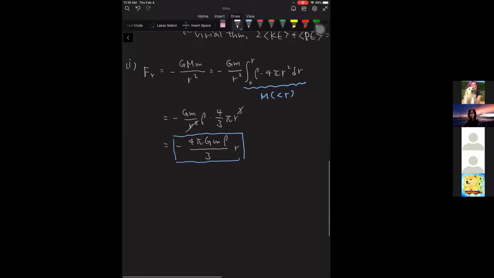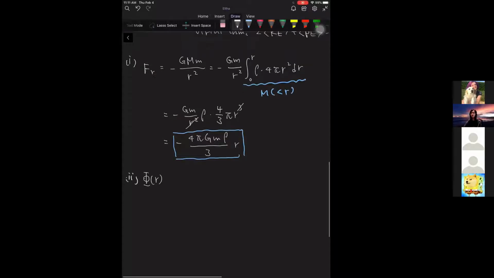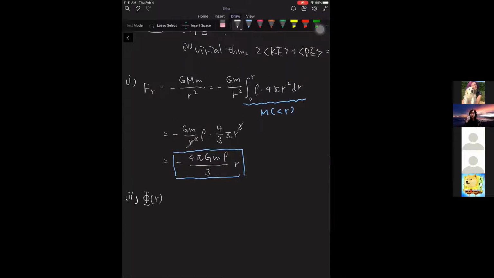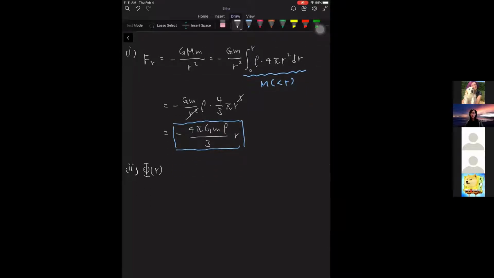And then next, we will derive the gravitational potential. For phi of r, I just mentioned that based on Newton's shell theorem, the gravitational force experienced from a shell outside the point should be 0.